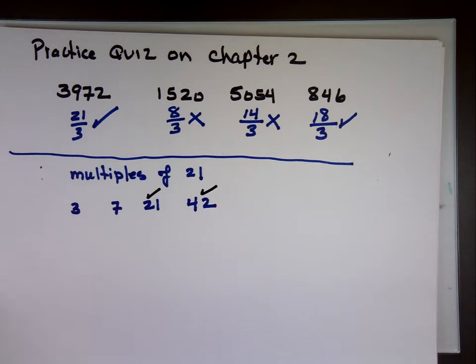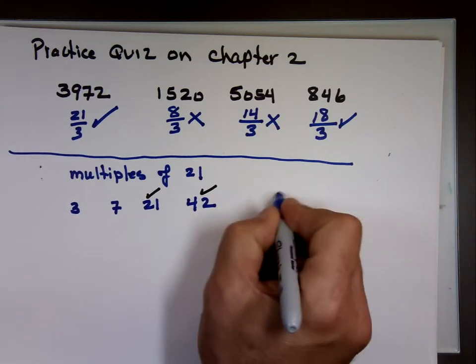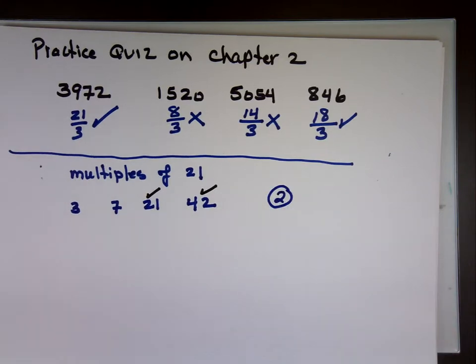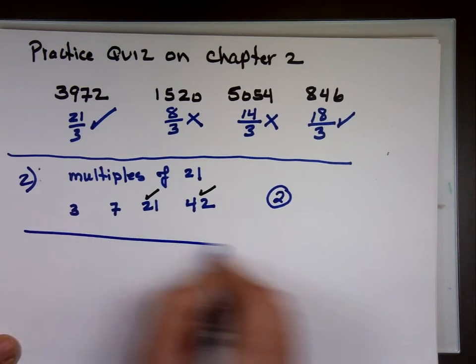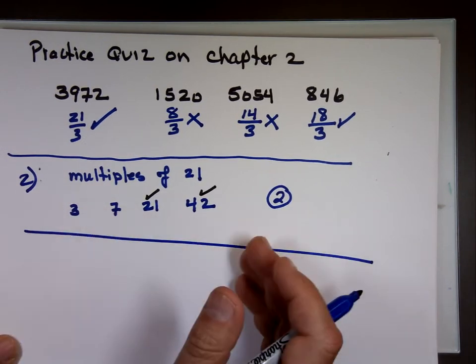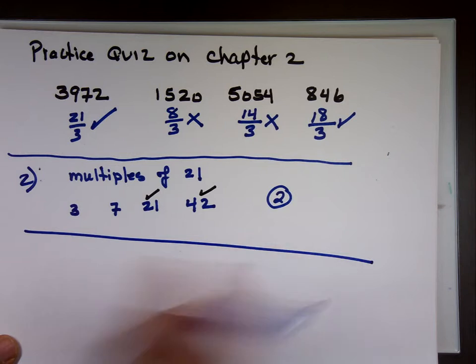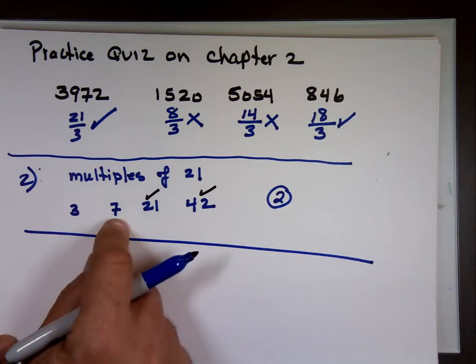So 21 times 1 is 21. 21 times 2 is 42. There's 2 of them. If it says how many of these are factors of 21, what are the factors? 3 and 7.